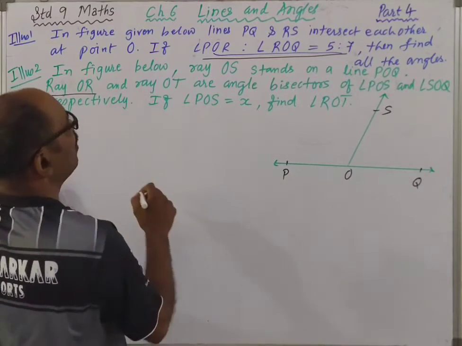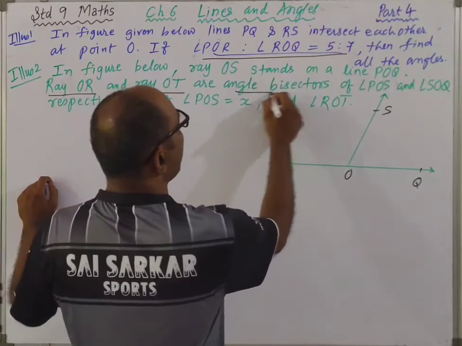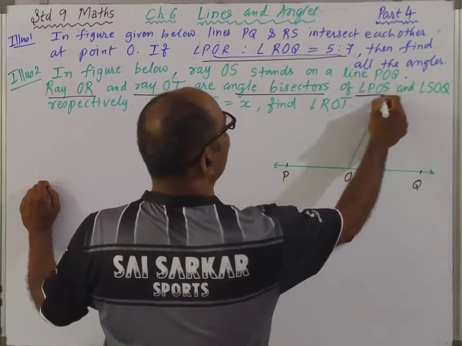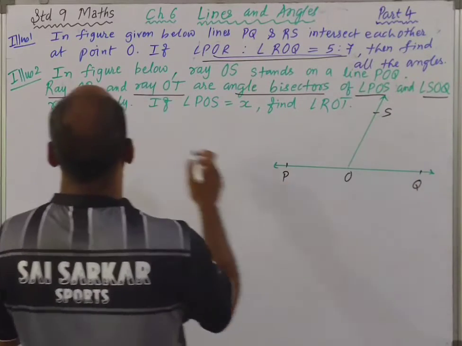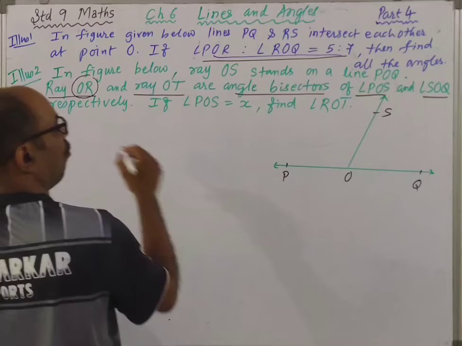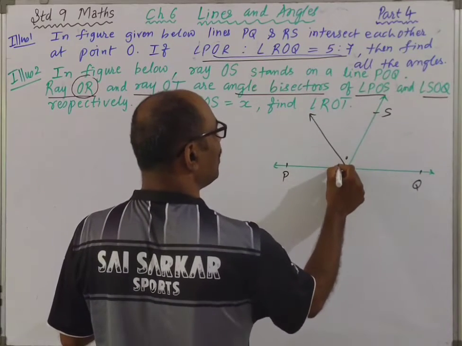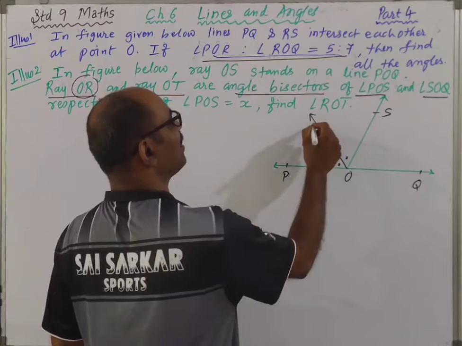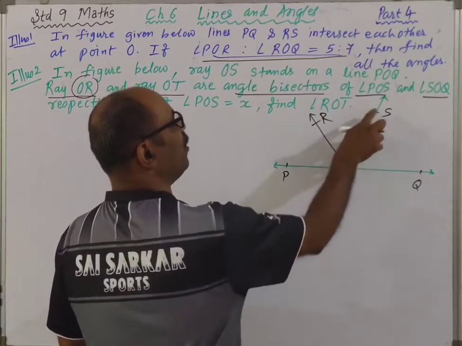Ray OR and ray OT are angle bisectors of POS and SOQ. POS, its ray bisector is OR. So this black ray, I'm putting the same sign, is the bisector. Ray OR is bisector of angle POS.